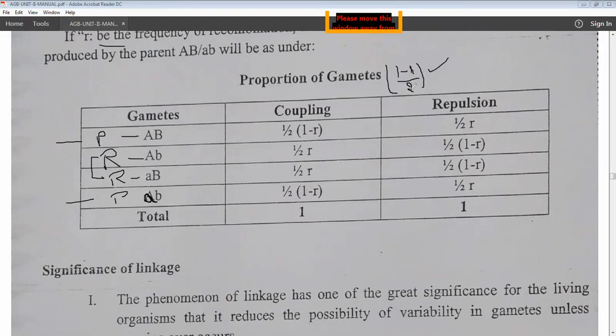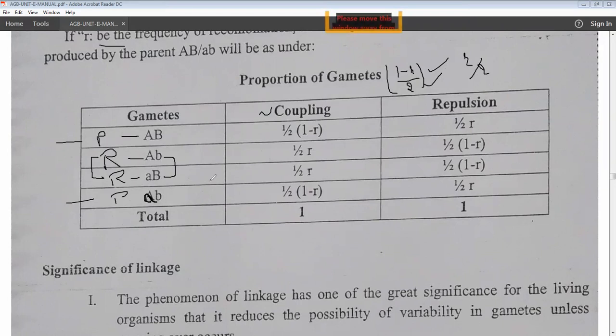Okay, this is the generalized formula for both the parental forms. This is the formula, and for the recombinant forms, in the case of coupling, it is R by 2 or half R.